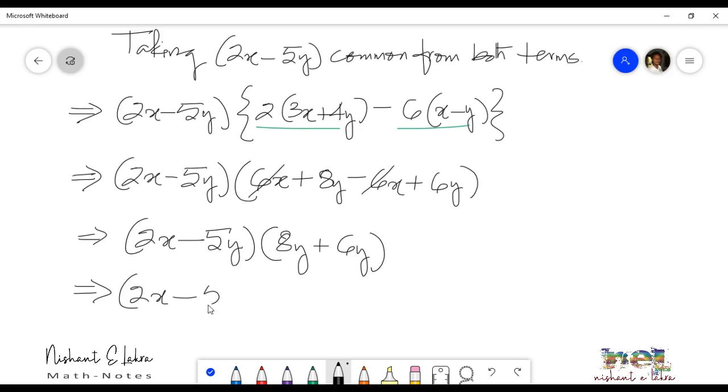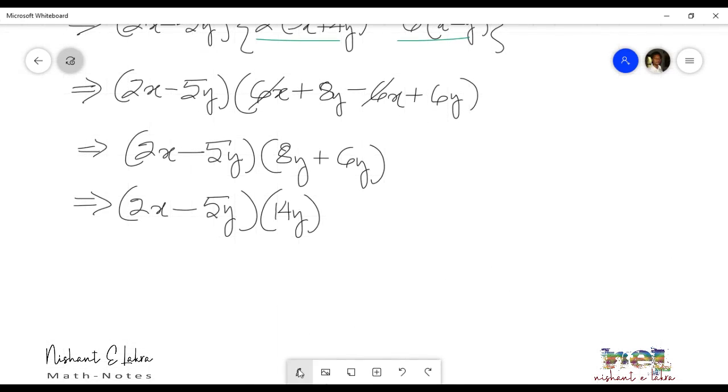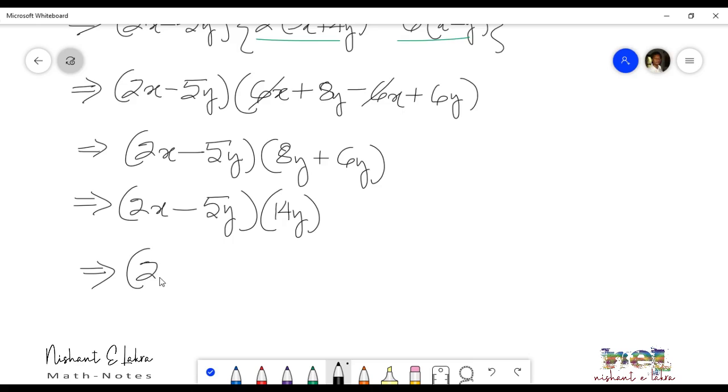When we add 8y plus 6y, how much do we get? 14y, right, and that's why the answer would be 2x minus 5y in brackets into 14y.